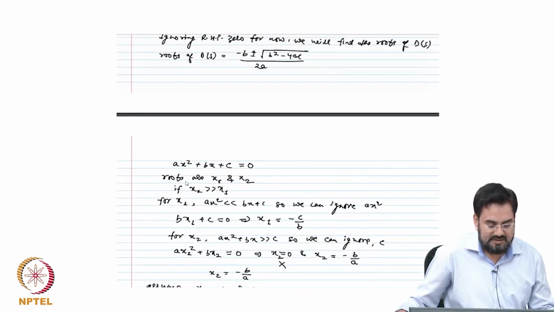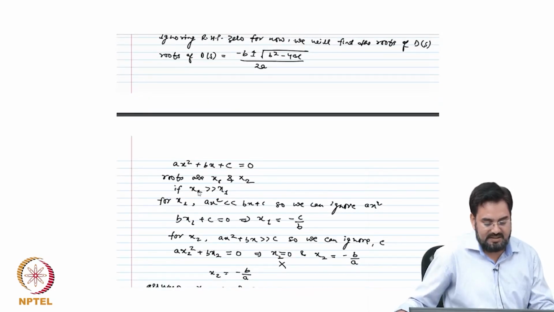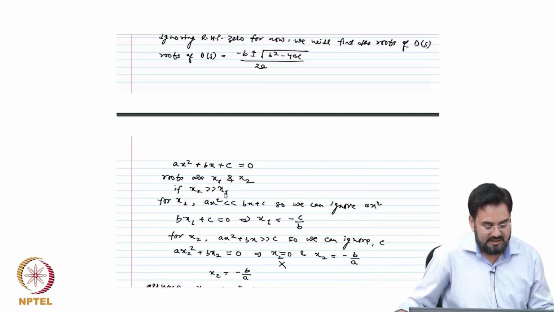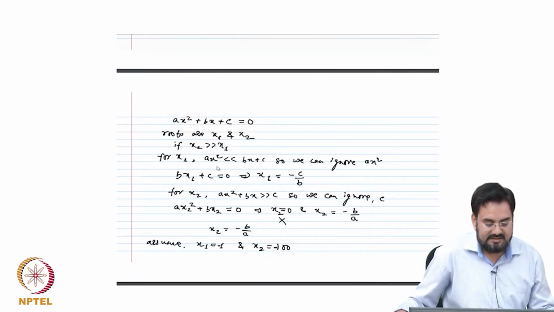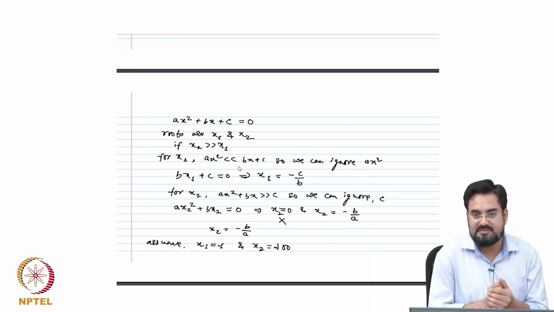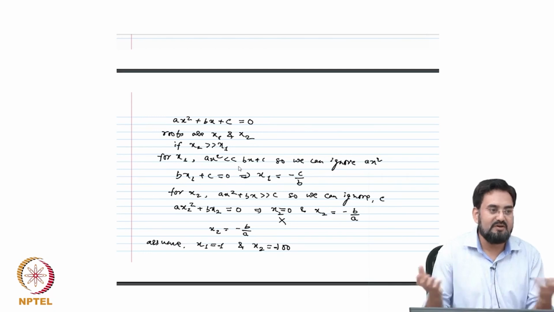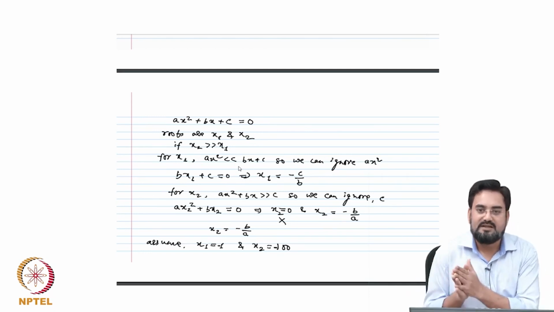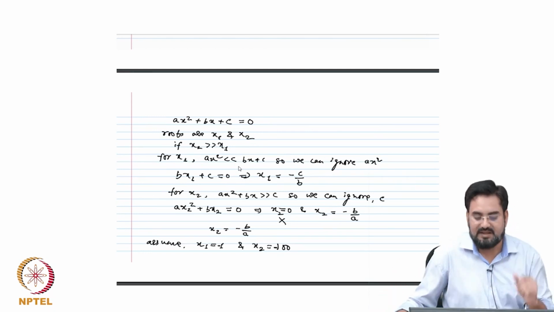So, for this, if roots x1 and x2, and x2 is much larger than x1, then if you want to calculate x1, x1 is much smaller, so the square term ax square will go away. So, you will get only a linear equation, and from there you can calculate x1.